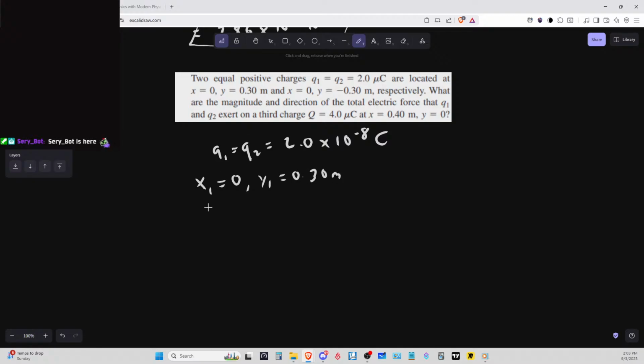Okay, they reduced it to meters, so we don't have to worry about converting. At Y2 negative, respectively. Okay, so might as well draw a picture.